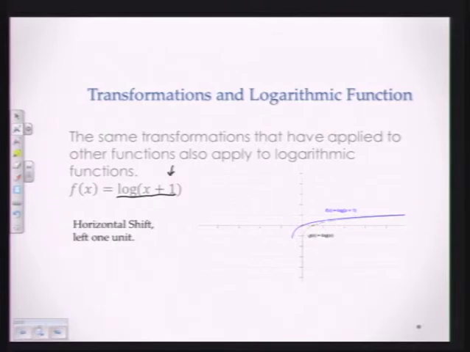And so in this case, our function has gone from our regular logarithmic function and shifted back 1 unit. So looking at our point of reference for a logarithmic function, which will be the point 1, 0, now that point has become 0, 0. We've shifted to the left 1 unit.